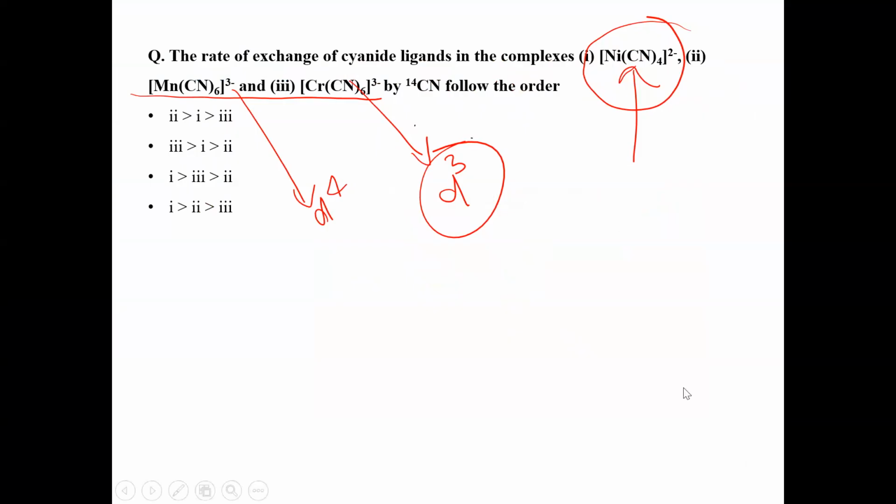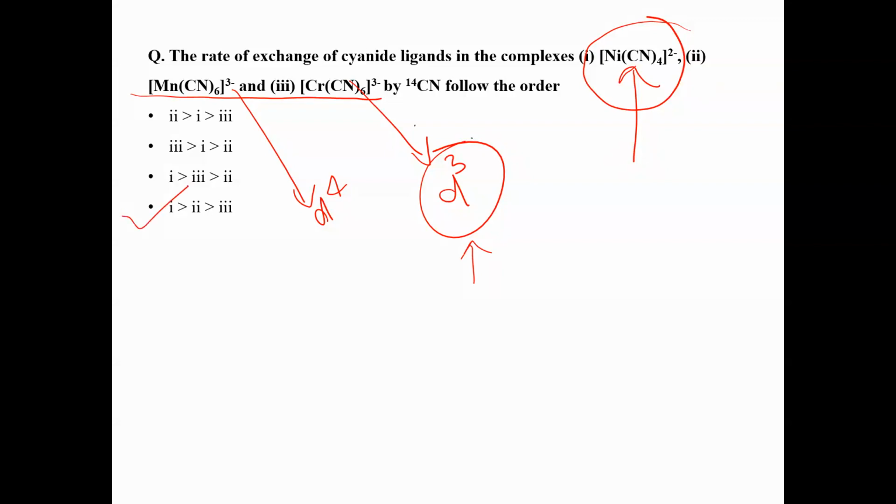As I have indicated, d3 is inert among these, so the rate of exchange will be lower in this case. So the answer is the last one.